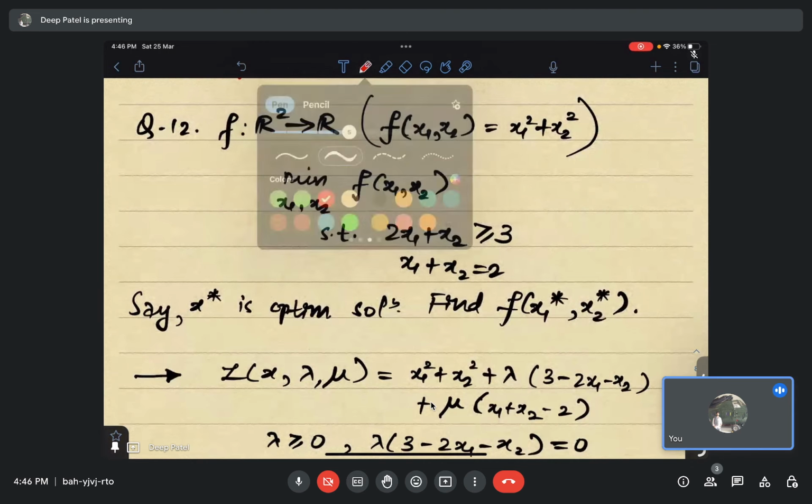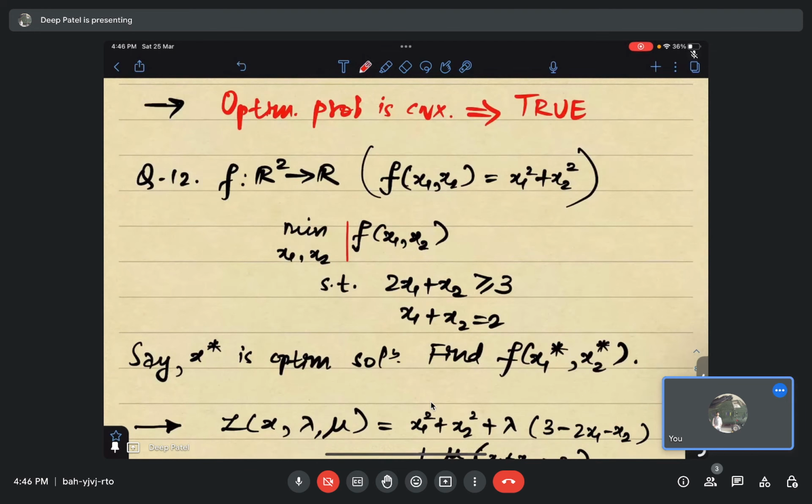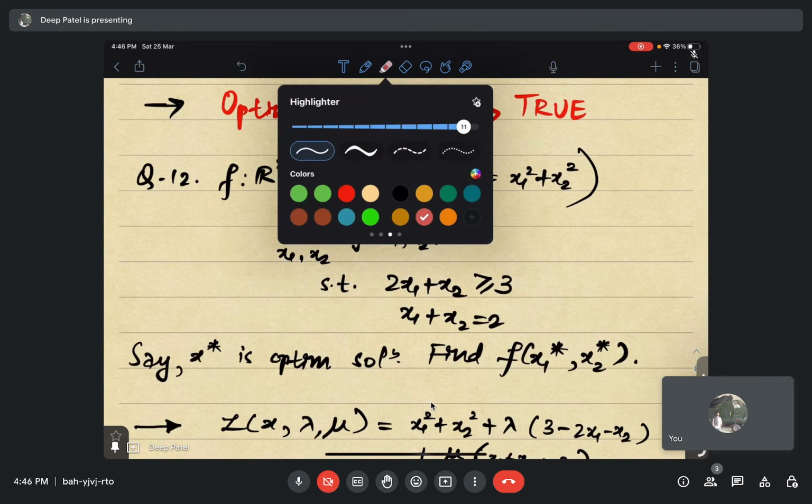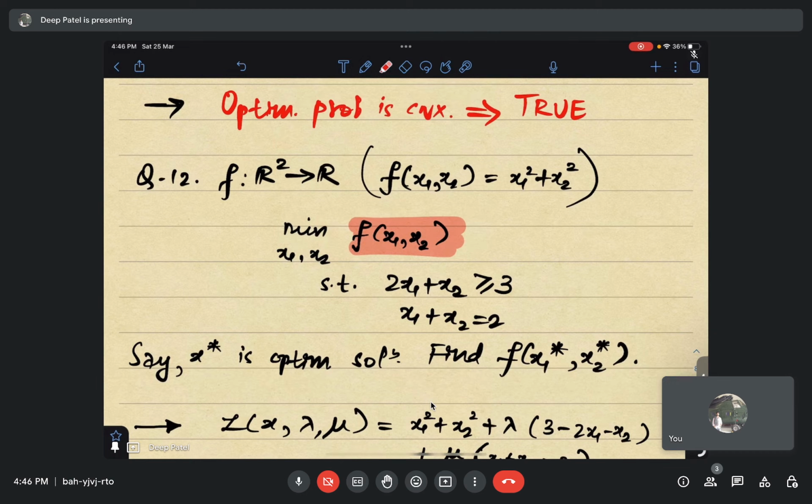Anything we can say about the functions? We can plot it and check. It's a circle. I mean, the level sets of the function are circles, and the constraint set is also convex. So we are looking at a convex optimization problem.